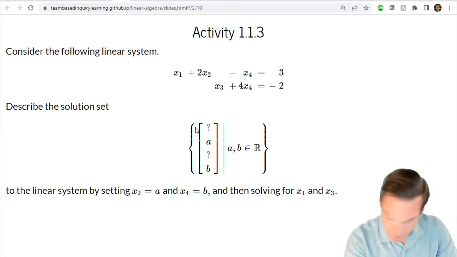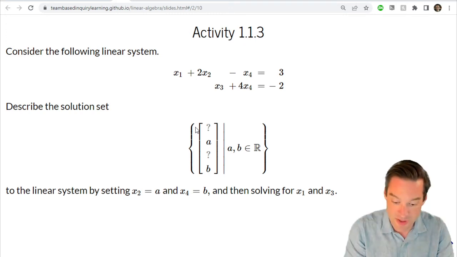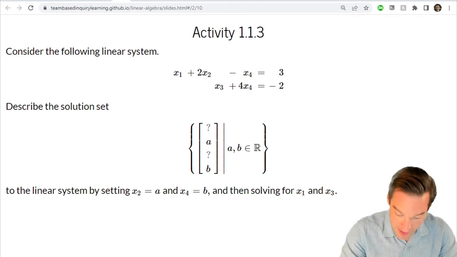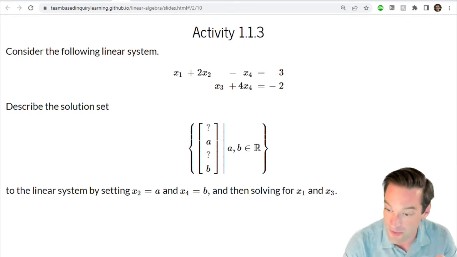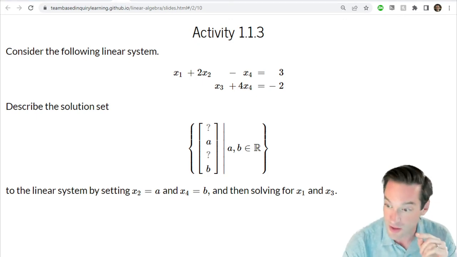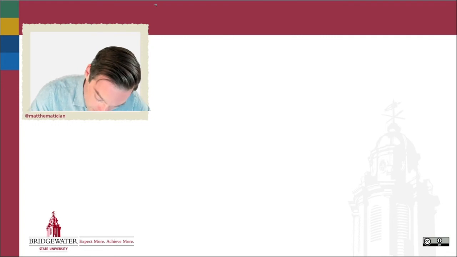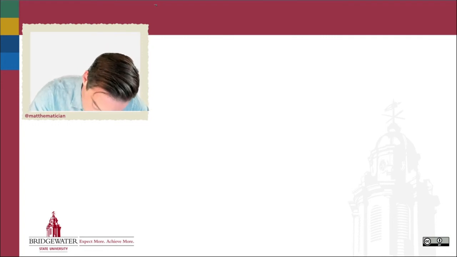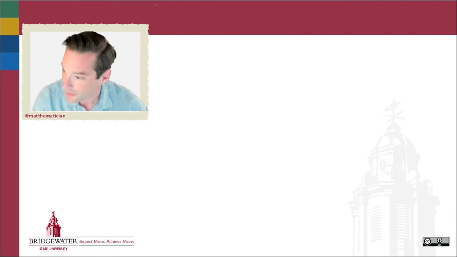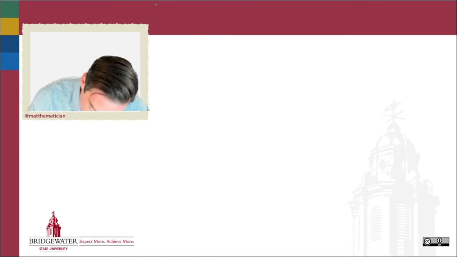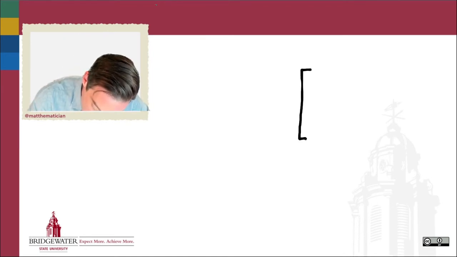So let me just put this observation in here before you get started on this work, because I think this is one of the points that ends up being the most confusing when we do this. So what we end up wanting to do is describe a solution set.